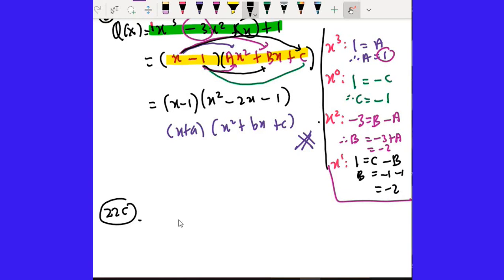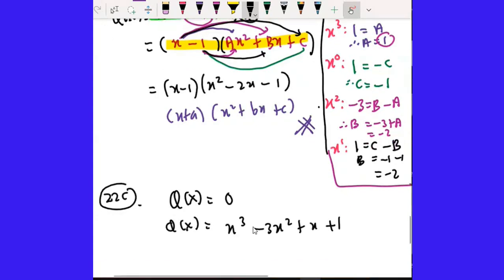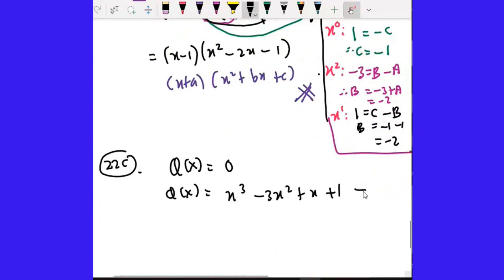Okay. Solve the equation when Q(x) is equal to 0. So Q(x), x cubed minus 3x squared plus x plus 1, is equal to 0.